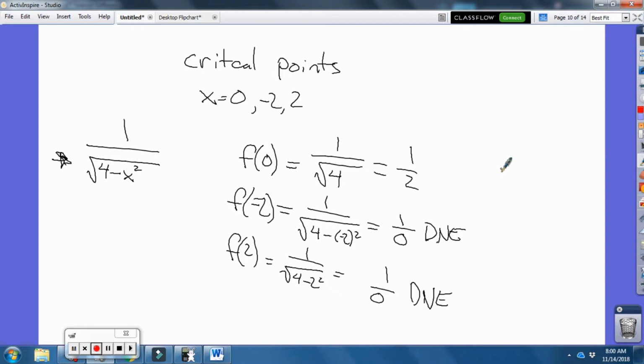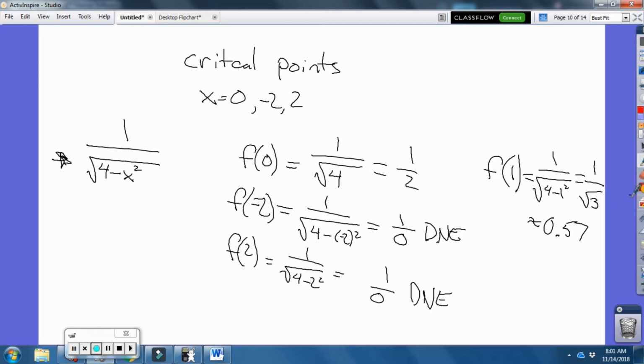So just to check here, and this is again, assuming I couldn't look at the graph to figure this out, let's figure out what f of 1 was. F of 1 is 1 over the square root of 4 minus 1 squared, which is 1 over the square root of 3, which is approximately equal to 0.57. And since that's greater than 1/2, we know that 1/2 is a min.